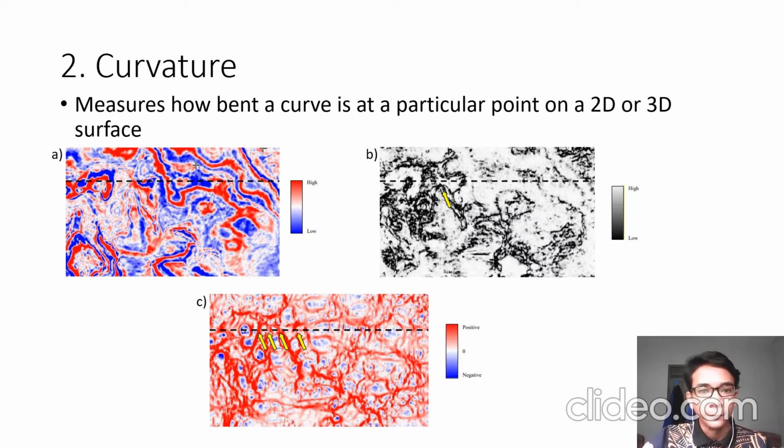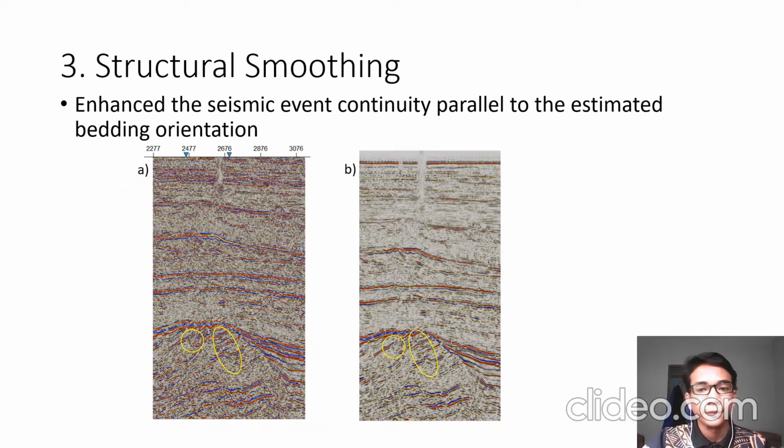In figure C, it shows a chair display for seismic vertical and a time slice from the most positive curvature volume. The features seen in red color, which show high values of curvature, correlate with reflections that show localized anticlinal structure. The last attribute is structural smoothing.